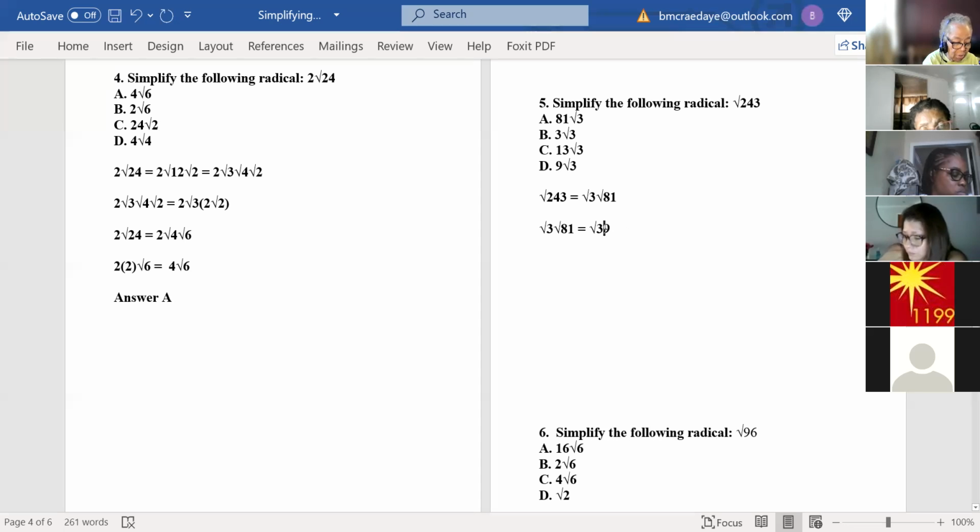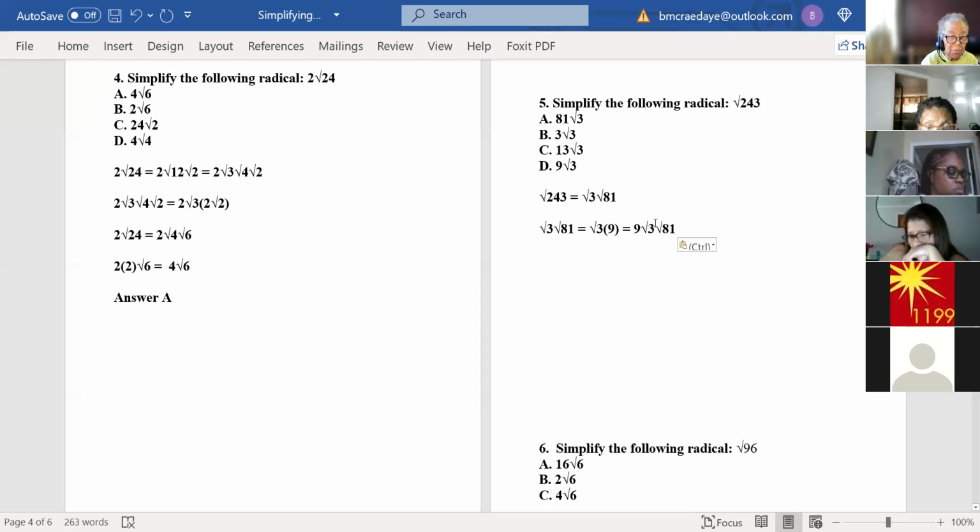So I'll put this in parentheses, and this then I'll write as equal to 9 times the square root of 3. And what answer is that, Chastity? D. D, that's right. Very good.